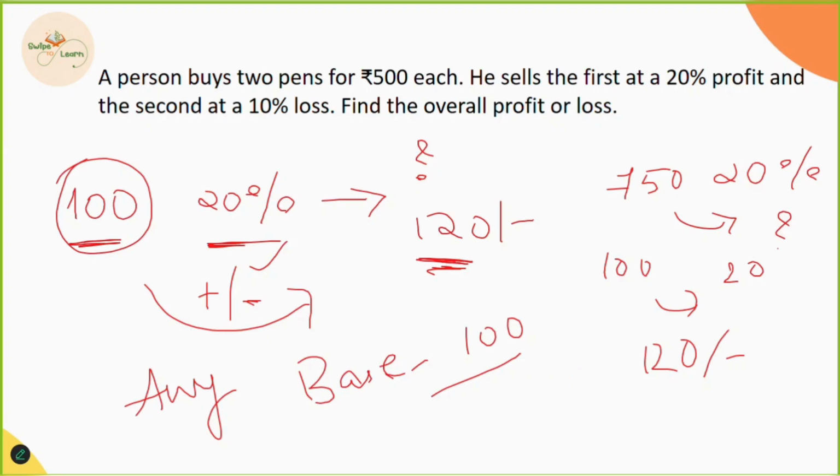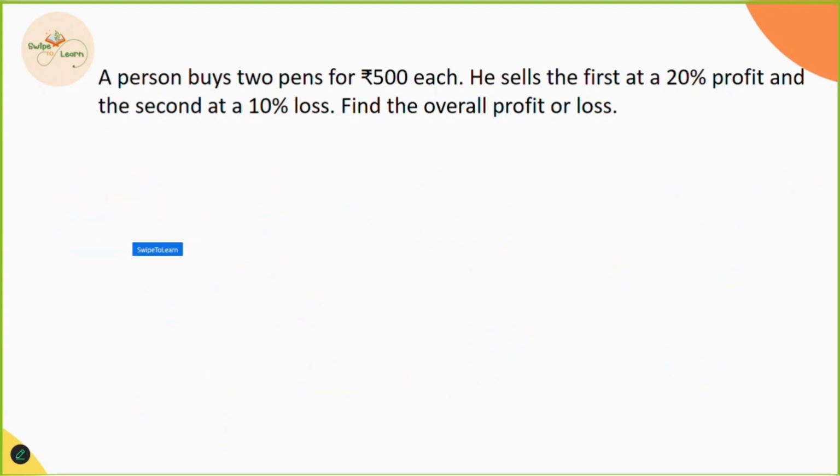So if I buy at 100 rupees and I want 20% profit, I can sell at 120 rupees. So for everything, make the base 100, so that you can easily calculate the problems.